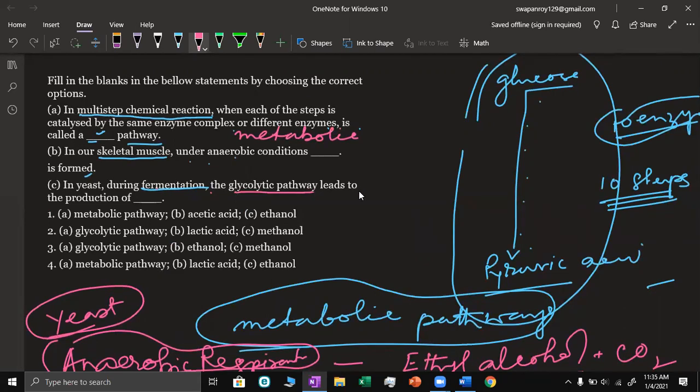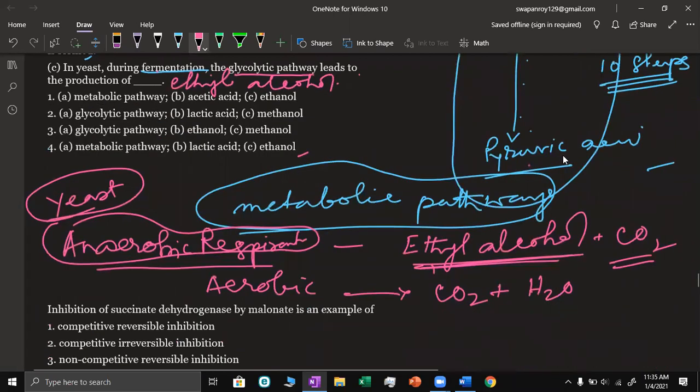the glycolytic pathway leads to the production of ethyl alcohol or ethanol. This is glycolysis, glucose to pyruvic acid, and then this leads to ethanol if it is anaerobic.